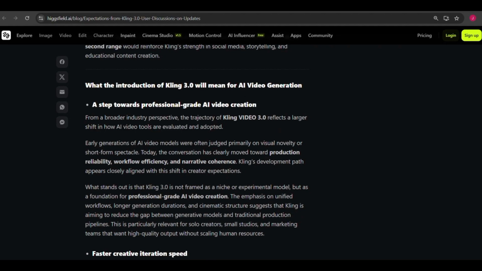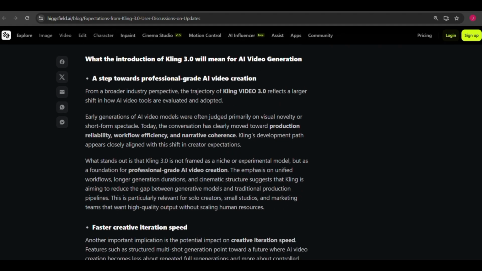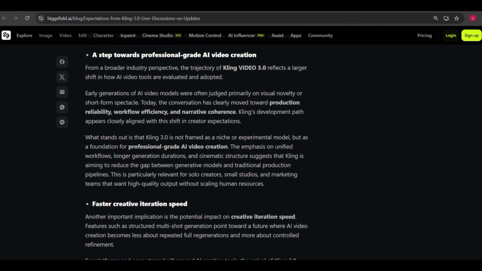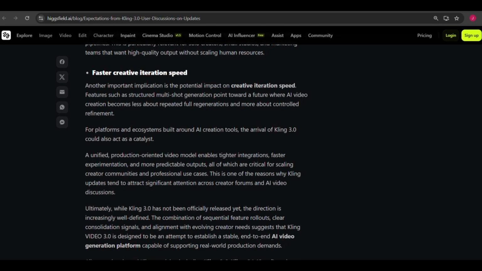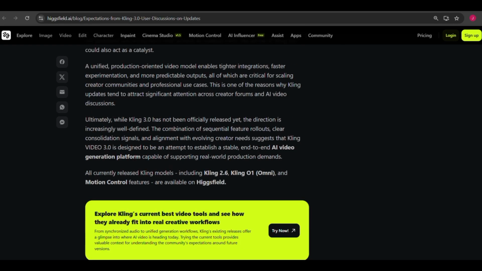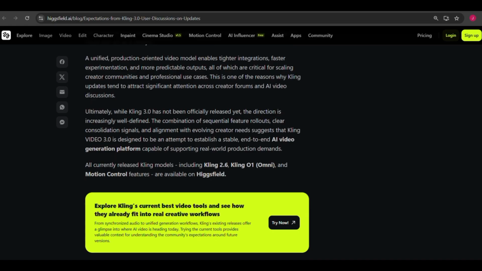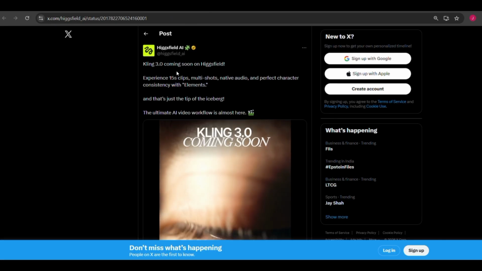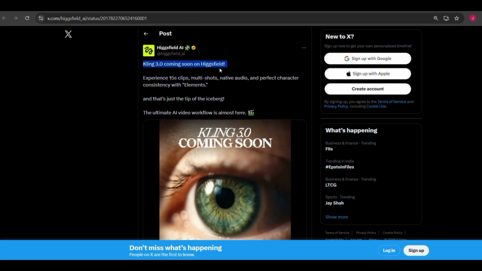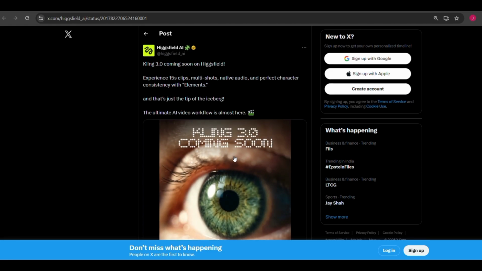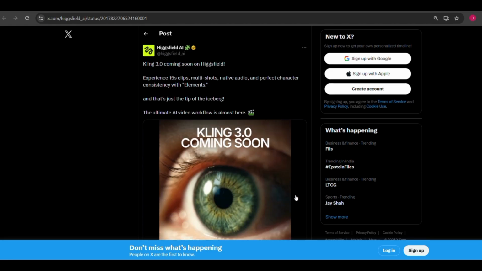A lot of this ties into what Higgsfield has been hinting at with something called Omni. The Omni direction is all about creating a more unified workflow, better context, better continuity, and smarter decision-making across scenes. Instead of stitching together fragmented steps, Kling 3.0 is expected to feel more like a connected creation pipeline from start to finish.